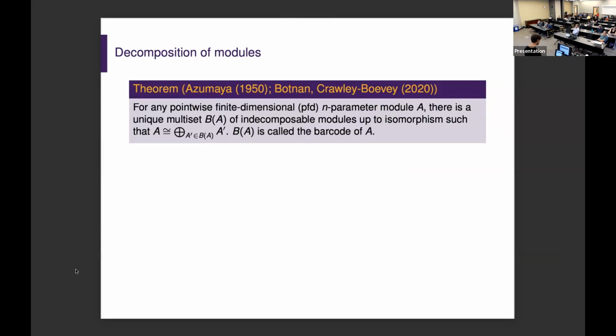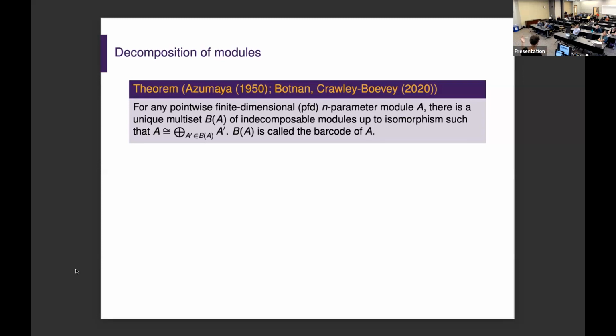So if you write it as a direct sum, as written there, then this multiset or formal sum of these indecomposables A prime is always the same up to switching out indecomposables by isomorphic indecomposables.